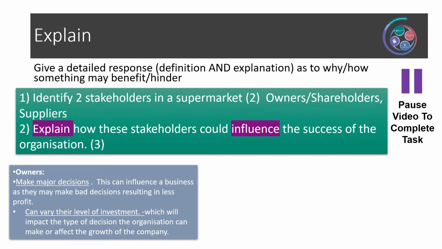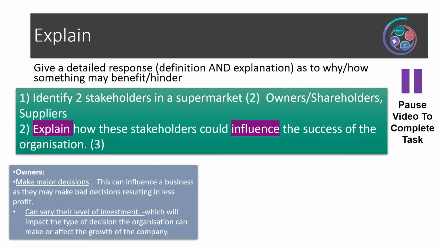Okay, so let's have a look at the answers then. Again, we have got a list here, but it is not just listed, it's a detailed explanation. So the owners make major decisions. You can see there that I've underlined that, which is also good technique because it highlights to them that you know that we're going on to explain a bit further. So the owner can make major decisions.